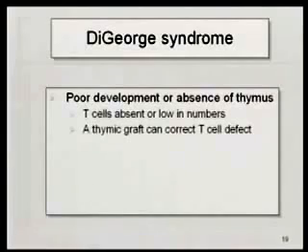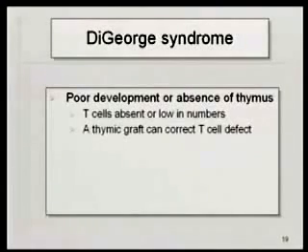And that defect can affect one of the components or many of the components that are developing at that time. So in these patients, sometimes you see immunodeficiency, other times you may not see immunodeficiency. So which components are defective varies from one case to the next.